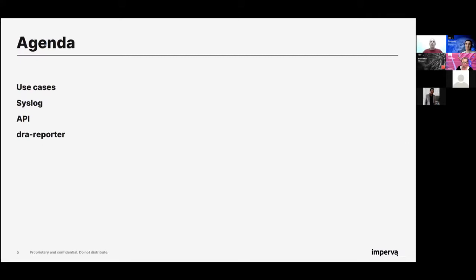It would be interesting to see if you have other use cases. Then I will go deeper into how you use Syslog, how we use the API, and then a very quick walkthrough of the DRA reporter to show you how easy it is to implement tools with the API. It will be a technical discussion, as was noted in the description of this webinar. So bear with me. If you have any questions, of course, you can ask them.